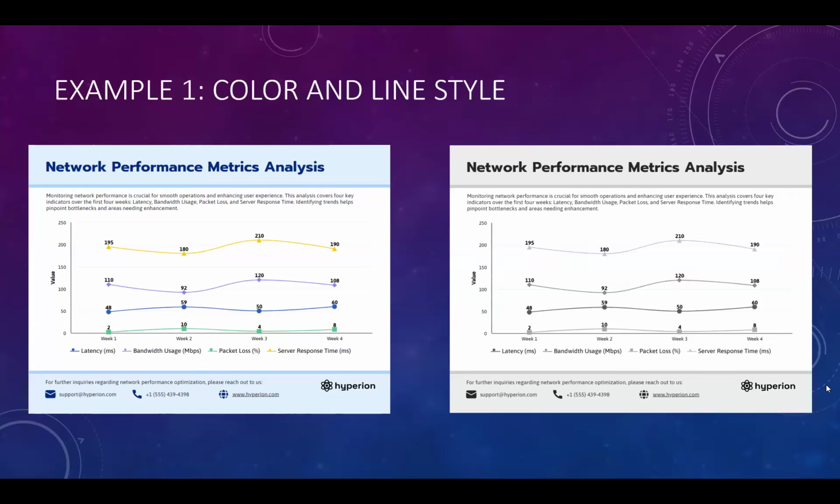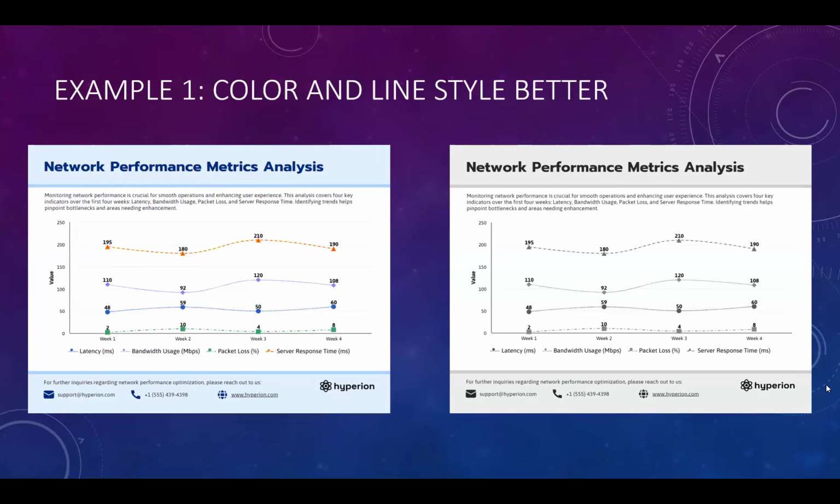So the next slide, we take another view of it and try to punch up the accessibility a little bit. Okay, so what are some of the things that I did? Right, use different types of lines, dotted ones, dashed.